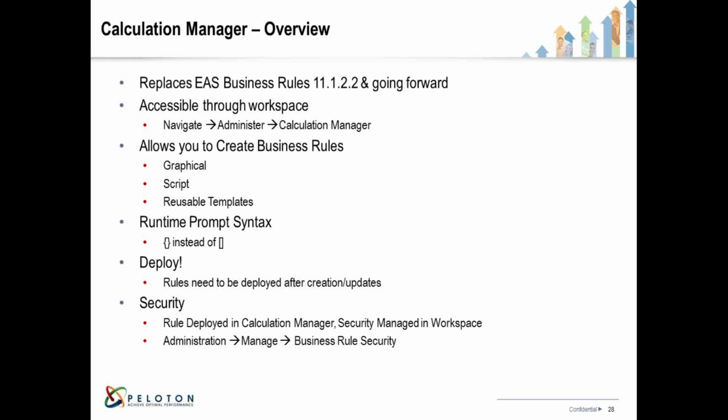And just talking about security around your rules, once you deploy the business rule to your application, the security is managed in the application itself. So you go to Administration, Manage Business Rule Security, and that way you can manage that rule on an application-by-application basis. So it gives you the flexibility where you can create the rule, push it to multiple applications, and manage that security separately for it on who can launch it and who can not.